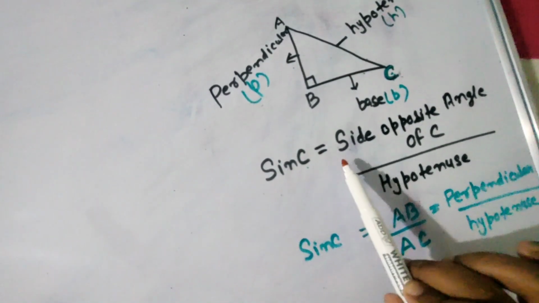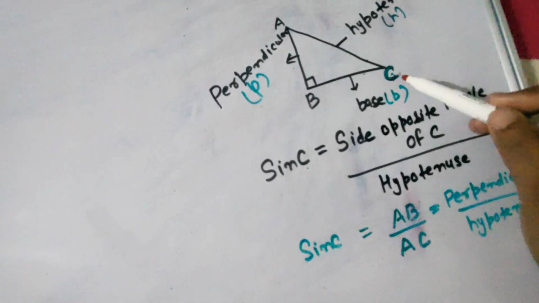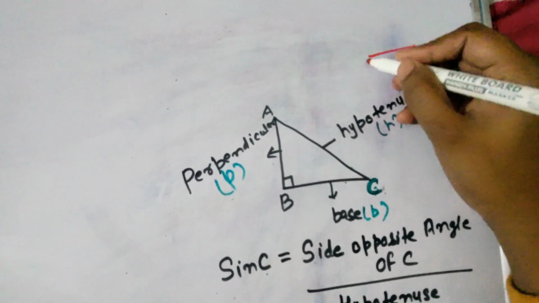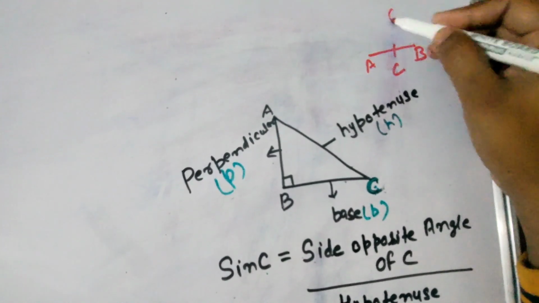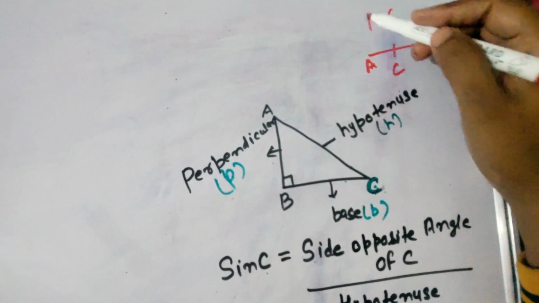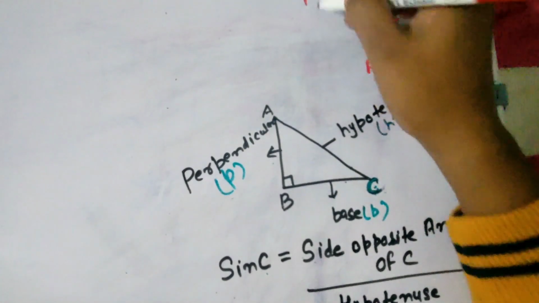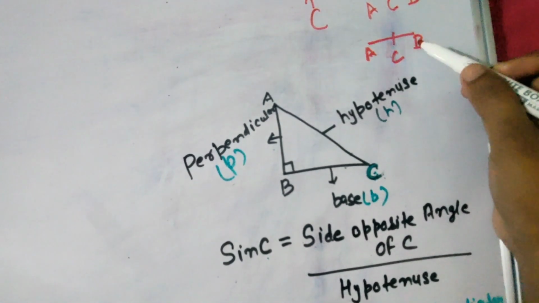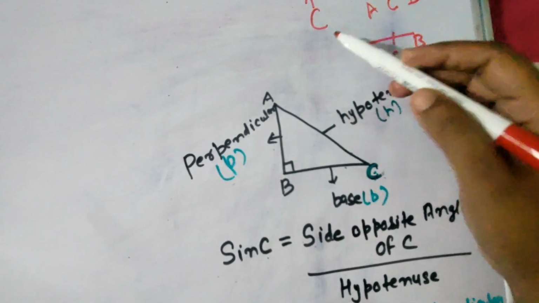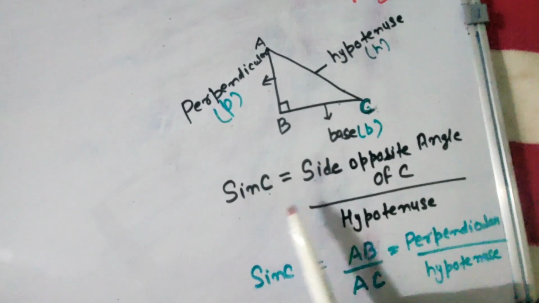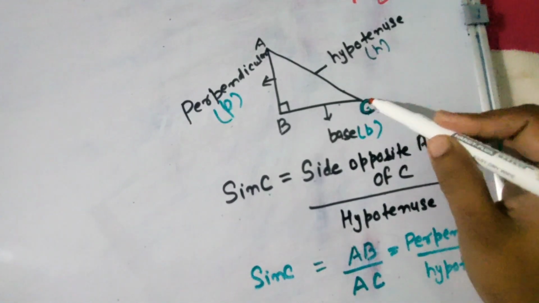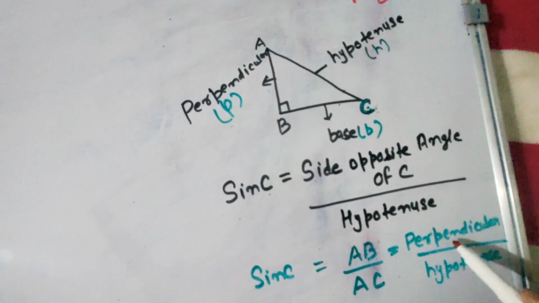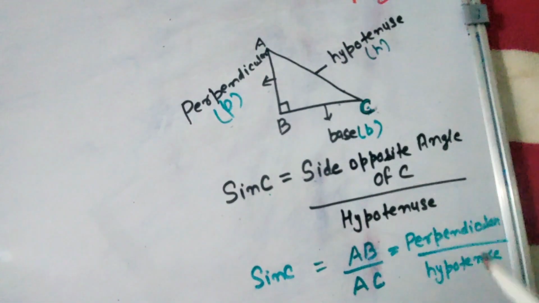Sin C equals the side opposite to angle C over the hypotenuse. If we find C, A and B are adjacent, but what is opposite to C? The side just in front of C is opposite. So sin C equals AB by AC, which is perpendicular by hypotenuse.